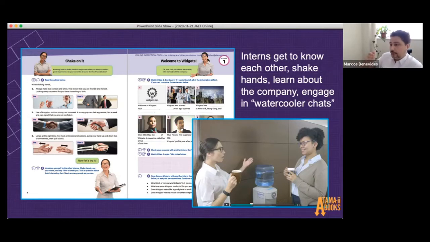And you'll see that everything that we do within the course, we attempt to put some kind of authentic, real-life-like hook to it, so that it fits together as part of this extended simulation. So instead of simply having a warm-up chat at the beginning of class, we called it a water cooler chat, because it helps the students get into the warm-up not just their language faculties, but also their sense of being in an English-speaking environment.